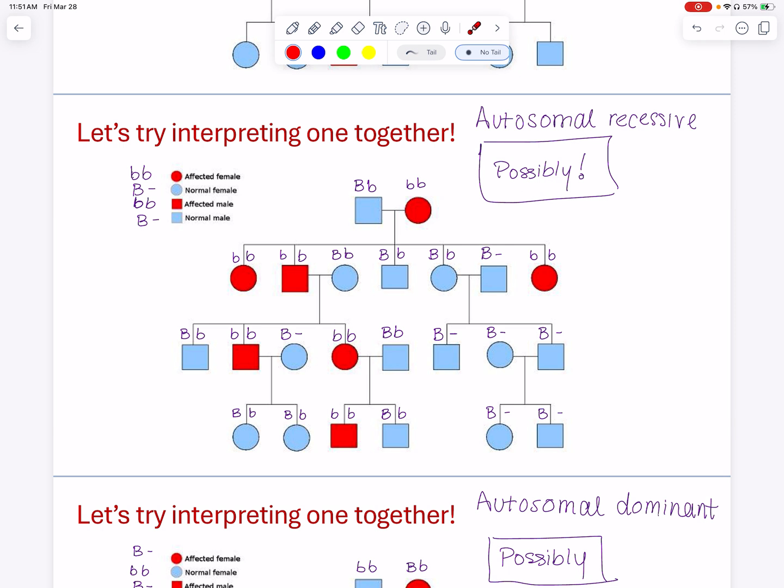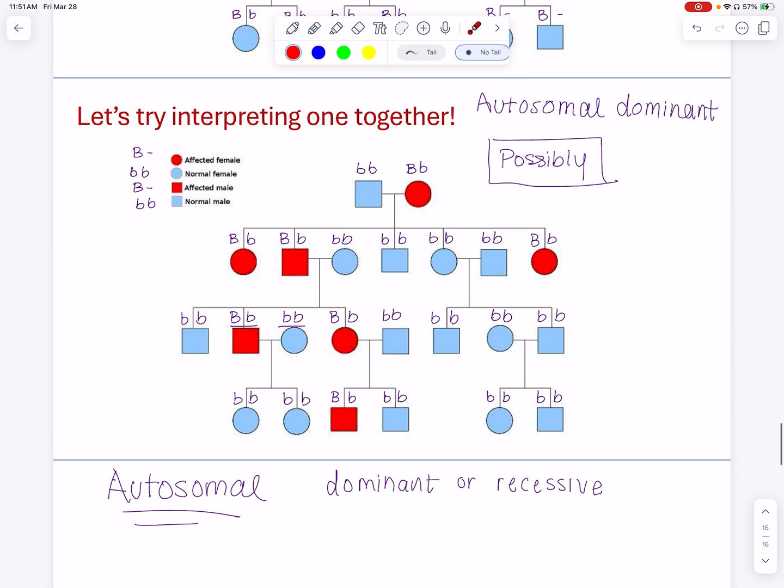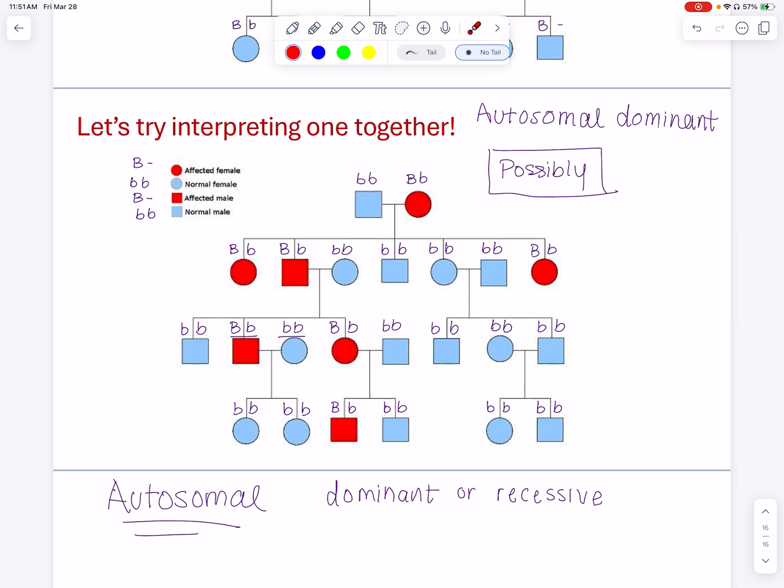So we can basically conclude that, again, it's autosomal, maybe dominant, maybe recessive, and we just genuinely don't know.